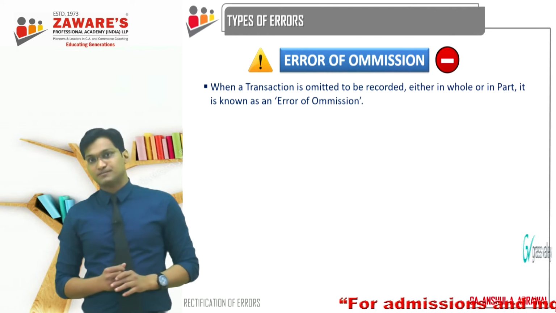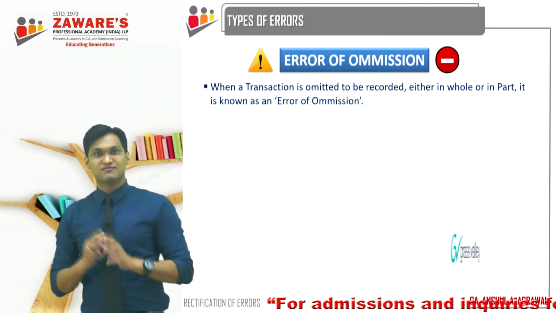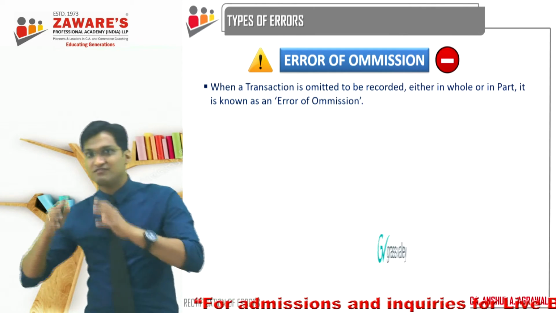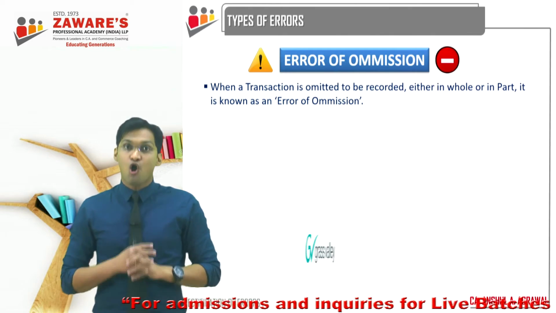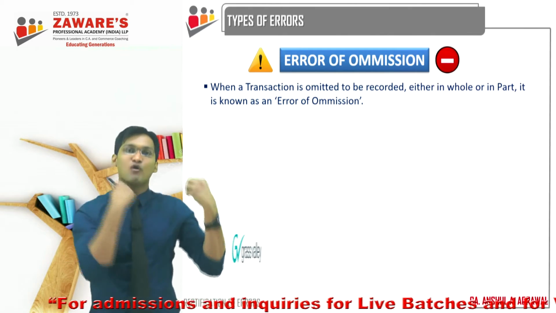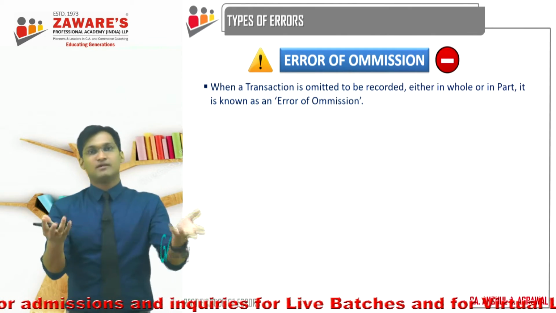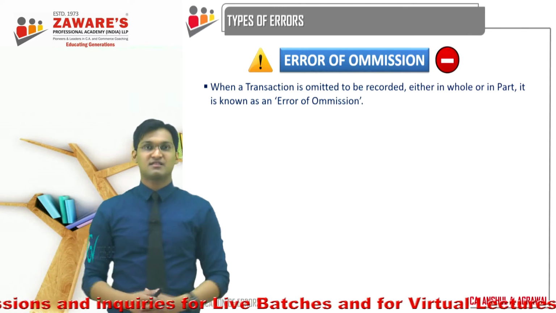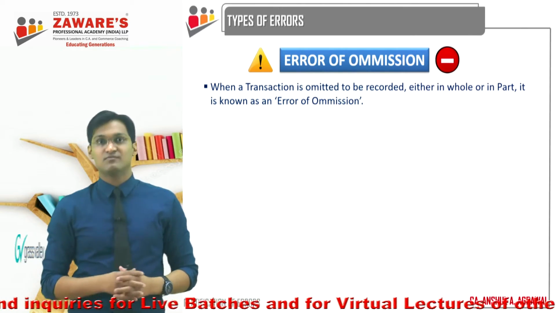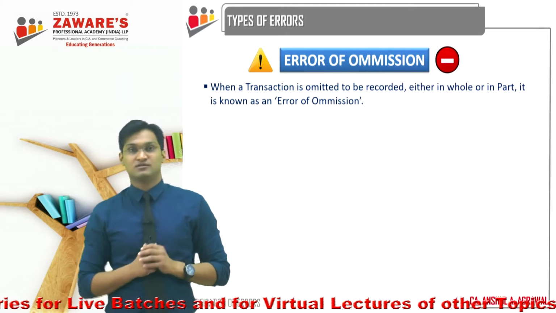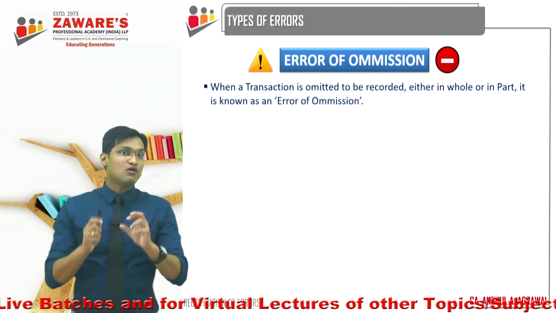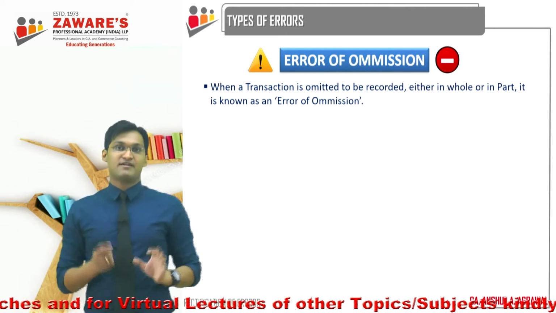That means you have given one effect of the transaction, but you have forgotten to give the second effect of the transaction, or you have forgotten to give both the effects of a transaction. It is omitting a transaction, and therefore these types of errors will be known as error of omission. Now, the errors of omission are further classified into two types.